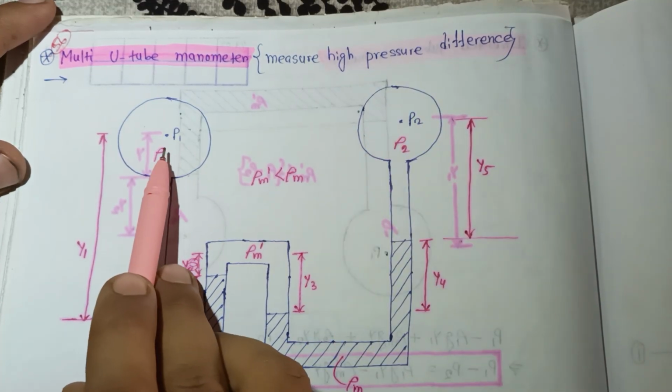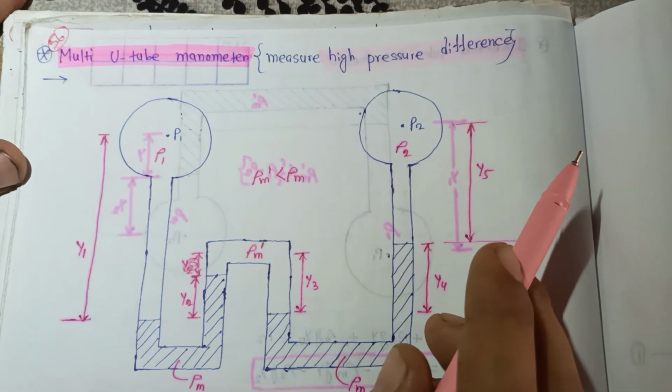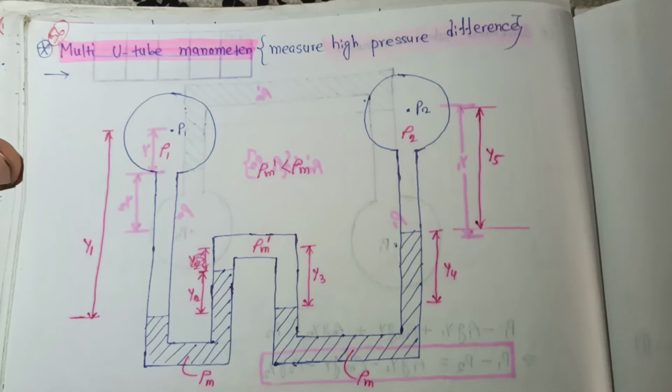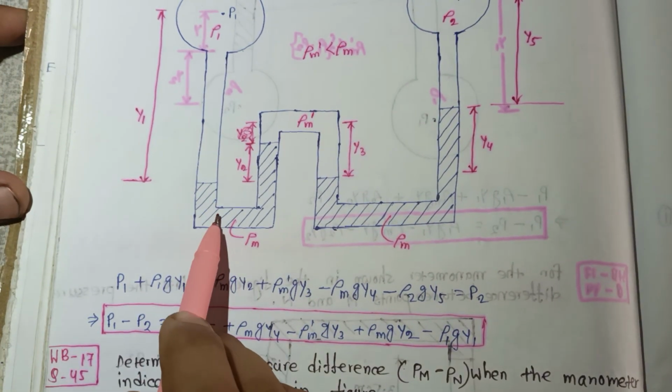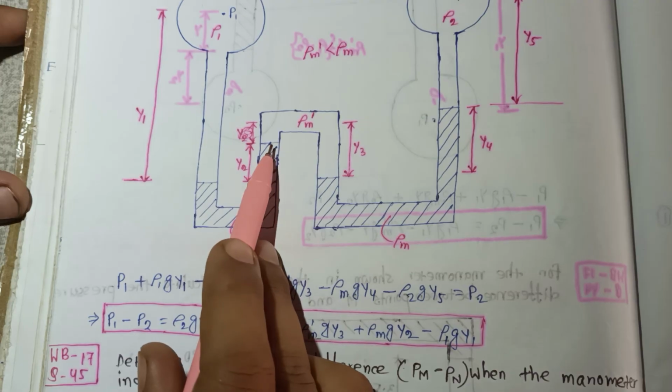P2. The density here is ρ1, and here the density is ρ2. Suppose this is the manometric fluid, and all the heights of the manometric fluid are given.